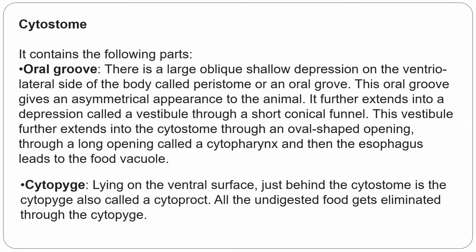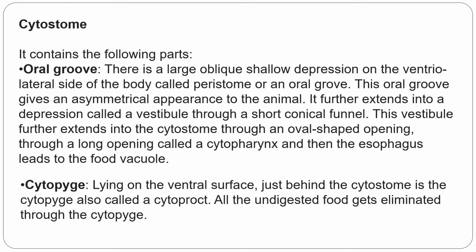Cytostome. It contains the following parts. Oral groove: there is a large oblique shallow depression on the ventrolateral side of the body called the peristome or oral groove. This oral groove gives an asymmetrical appearance to the animal.